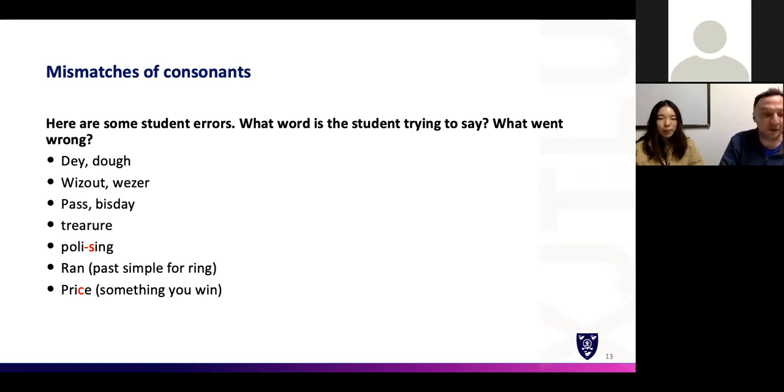I won a price. What happened there? Should be prize. Yeah, the z sound became a s sound. And lastly, language. Very obviously, what word was the student trying to say? Language. So the l sound became a n.